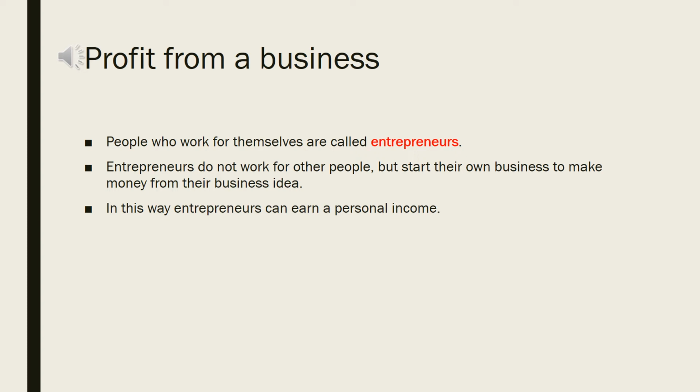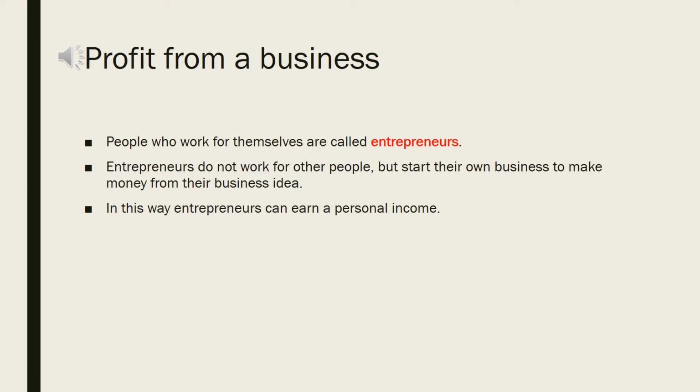Then we have profit from a business. People who work for themselves are called entrepreneurs. Entrepreneurs do not work for other people, but start their own business to make money from their business idea. So you come with an idea of producing phones, making furniture, designing furniture, designing phones, any idea, or providing a service, being a plumber, being an electrician.